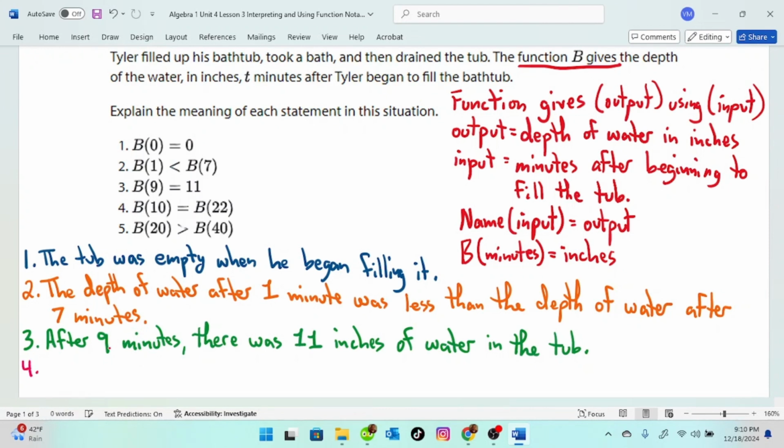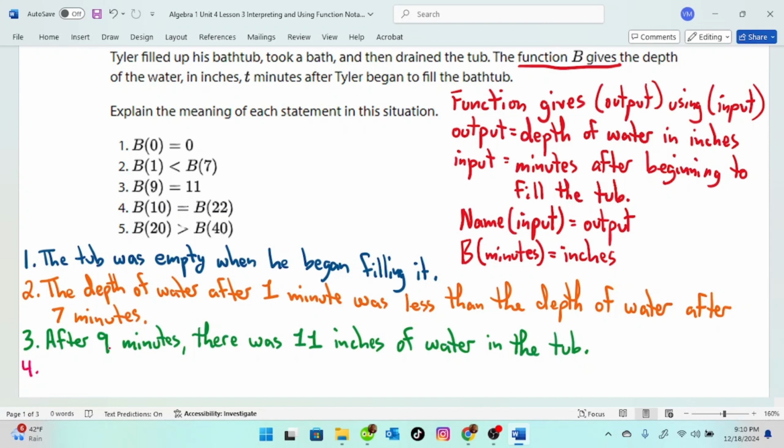Number 4. We have B of 10, which means the depth of the water after 10 minutes. And we have B of 22, which means the depth of water after 22 minutes.